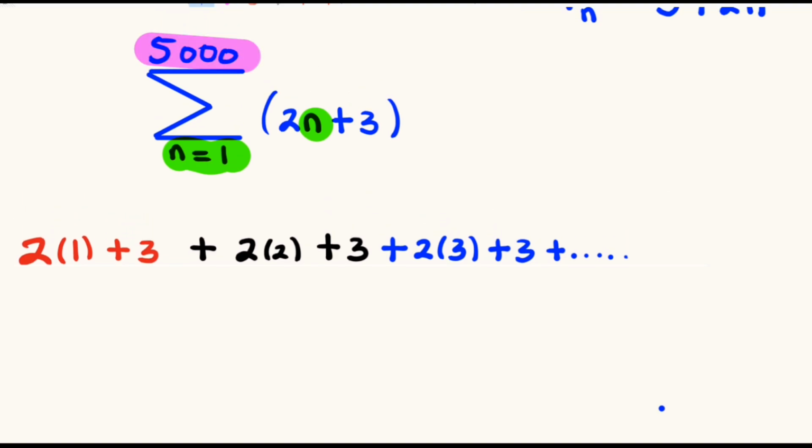So for the last term, in the place of the n, we substitute 5,000. So we have 2 into 5,000 plus 3.